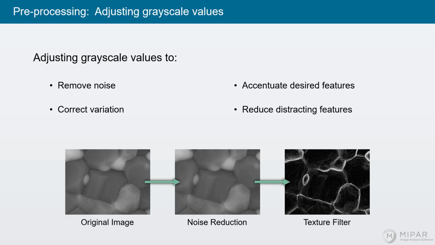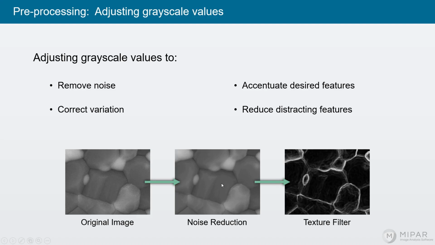So the first step is preprocessing. This is where you actually manipulate the grayscale values. You can do this to remove noise. You can do this to highlight things that you want to find. So in this instance, if we're trying to identify these grains and measure their width, then we want to highlight the edges so that the boundaries of the grains can be found even though they've got different grayscale values within them.